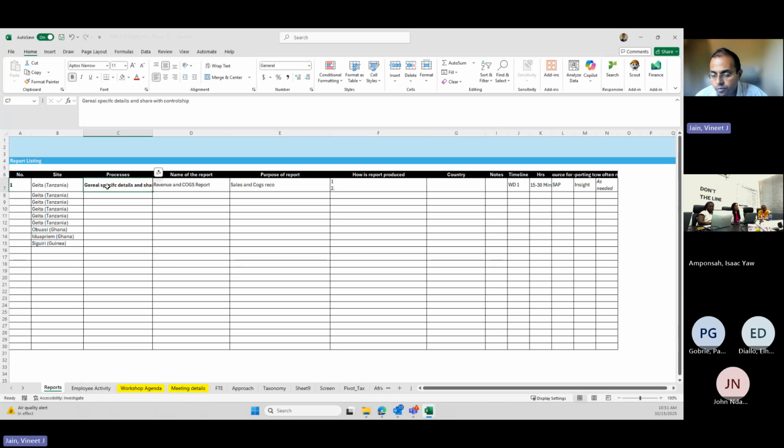And what date do they share it? Usually after the trial balance review. Do you have a timeline for generating this report?